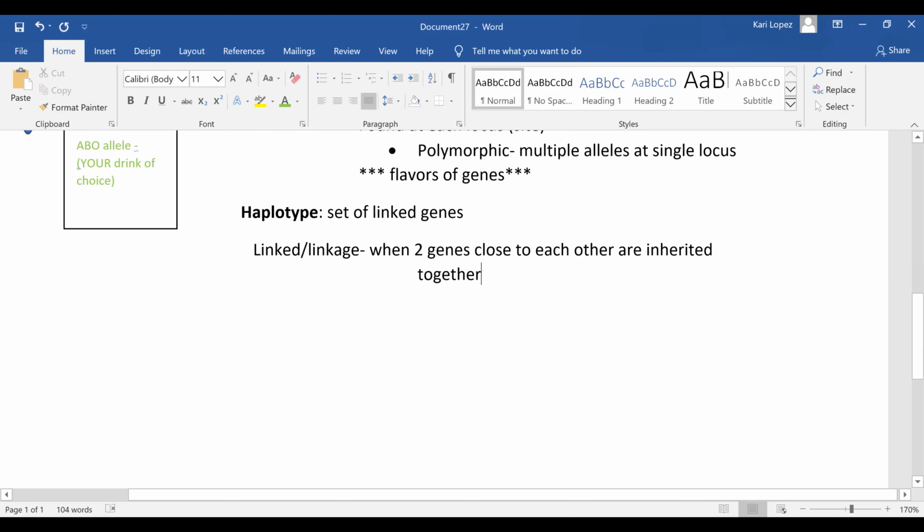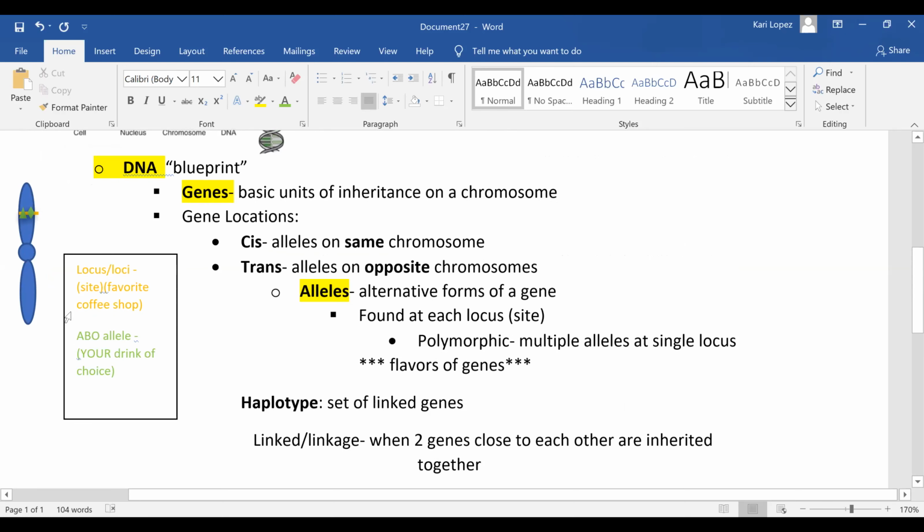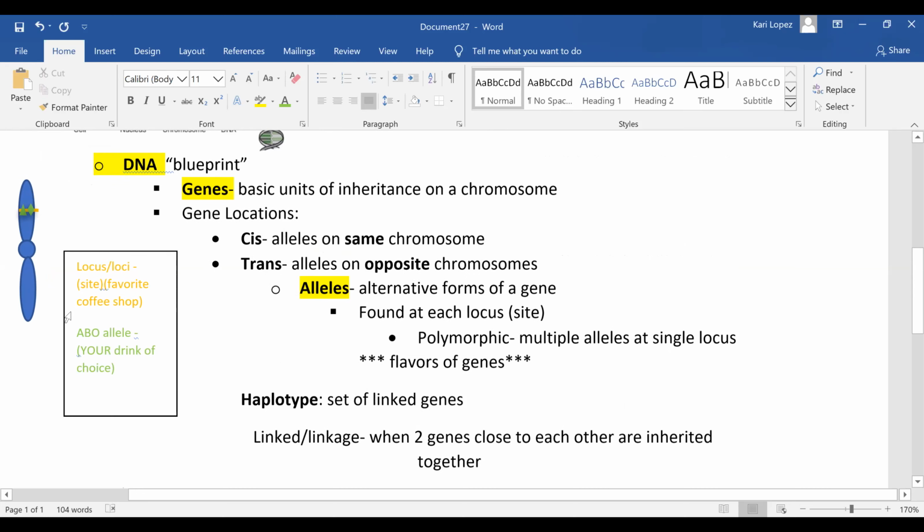Y'all following so far? All right. I get the two genes that are close to each other, but I don't get the concept of inherited together.